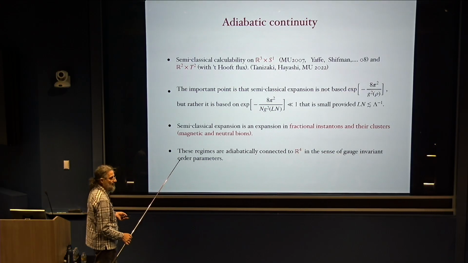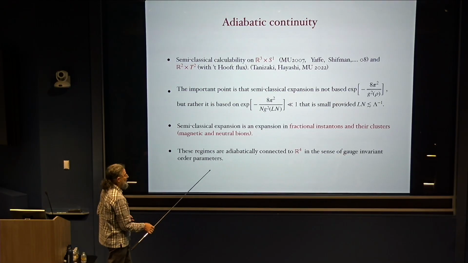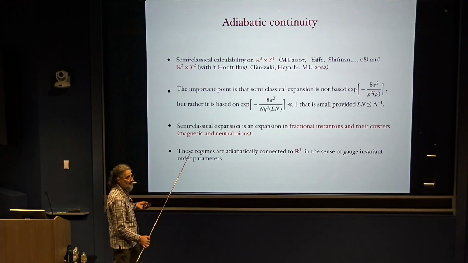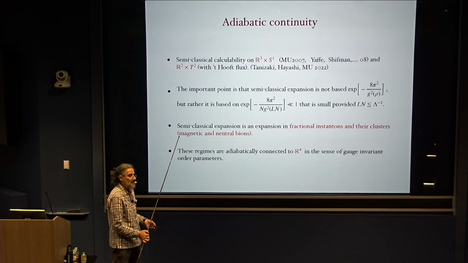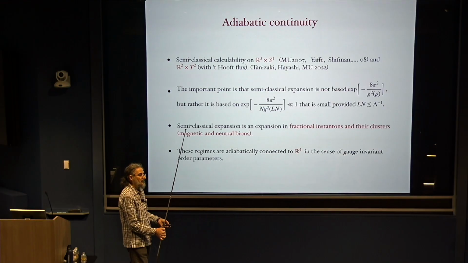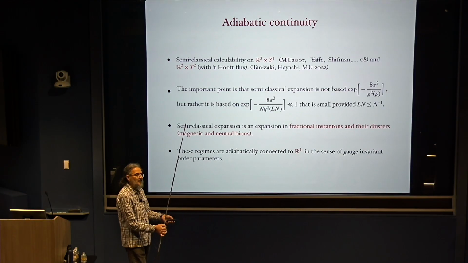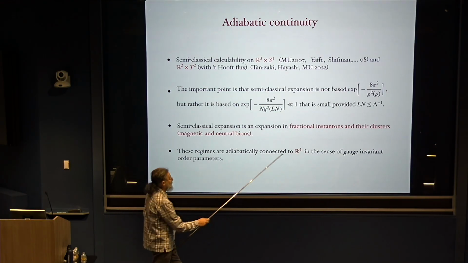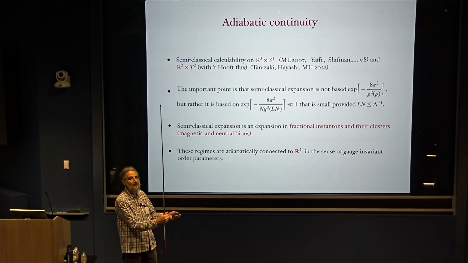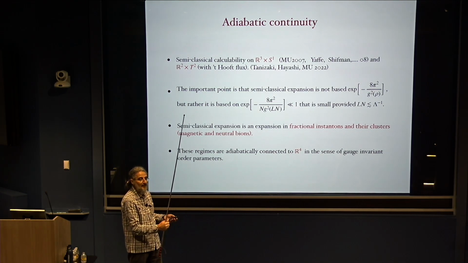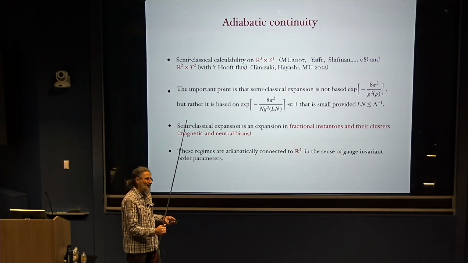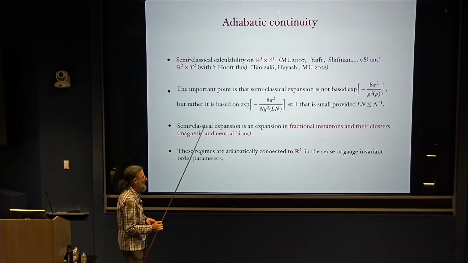And again, these regimes are adiabatically connected to R4 in the sense of gauge invariant parameters, but it doesn't mean that you can take the effective field theory and extrapolate it to a large circle. Effective field theory has a region of validity. It is valid provided this condition holds, and beyond that you cannot continue your construction to a larger circle. Then you are not talking about what you want to talk about.